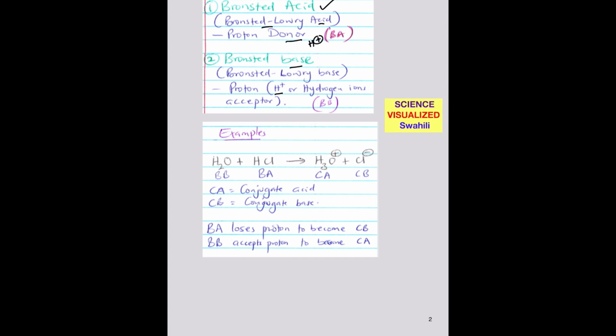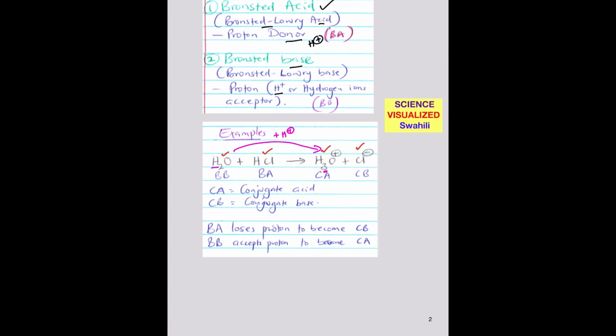Example, here we have water reacting with HCl, hydrochloric acid, and that's giving H3O plus and Cl minus. Look at what happened. We started with 2 hydrogen atoms on water, and now that increased to 3. So that means the number of hydrogens has increased. So from water to H3O plus, we added one more hydrogen ion.